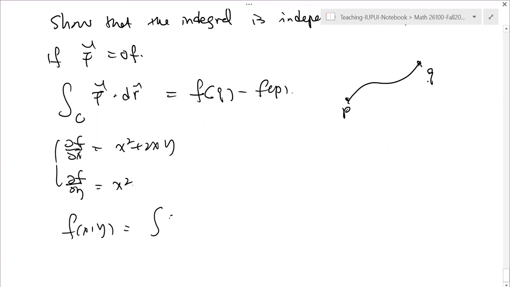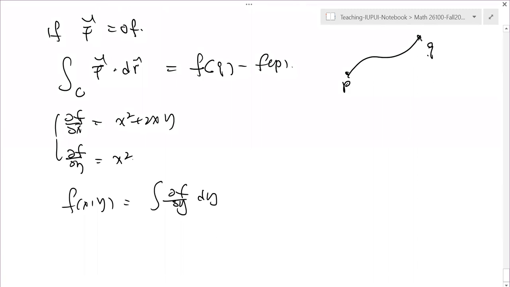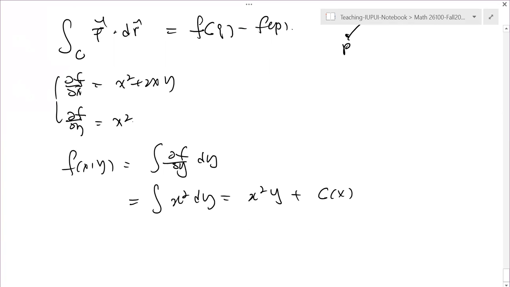So if you use the second equation, it's dy, right? And plus constant. So you will get the integral of x squared dy. So it's x squared y plus c(x). Okay. Then you differentiate with respect to x. You get 2xy and c prime of x.